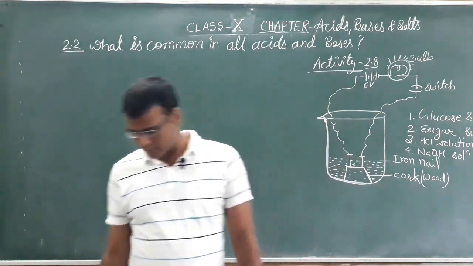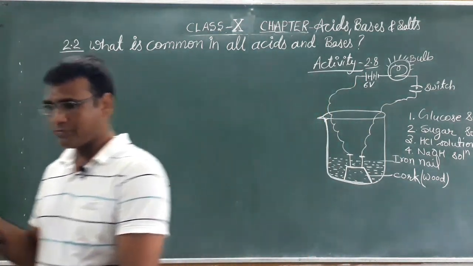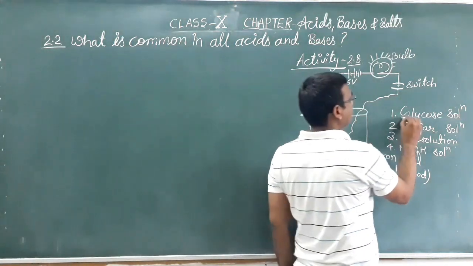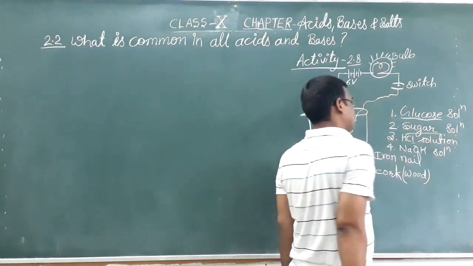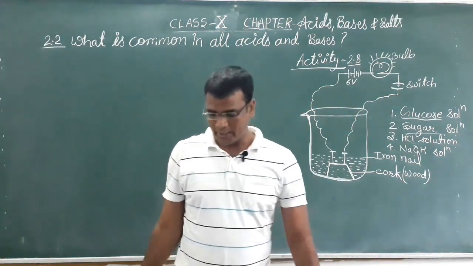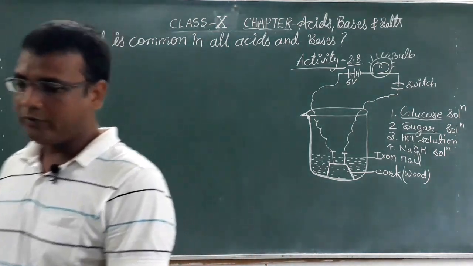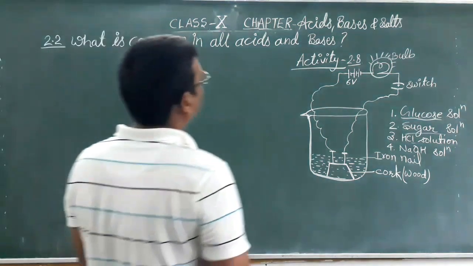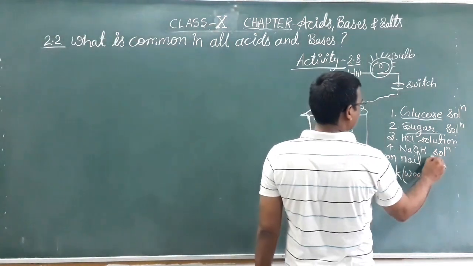So note down your observation for all these cases: glucose solution, sugar solution, HCl solution, and NaOH solution. In which case does the bulb glow and in which case does it not glow? You may take one more sample, or there are many samples you can use.